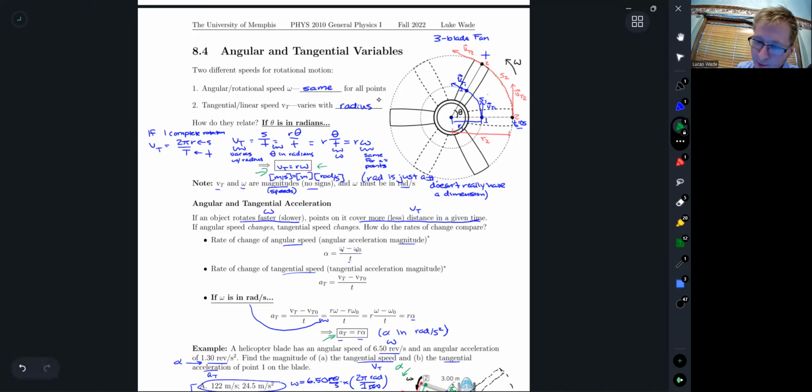So a point on the outermost part of the blade of this fan has to be moving faster, covering more distance in the same amount of time than a point closer to the center, because the outer one is moving on a larger circle than the inner one. Even though they both have the same angular velocity, they're moving through the same angle in the same time. One just has to cover more distance in that time to do that.